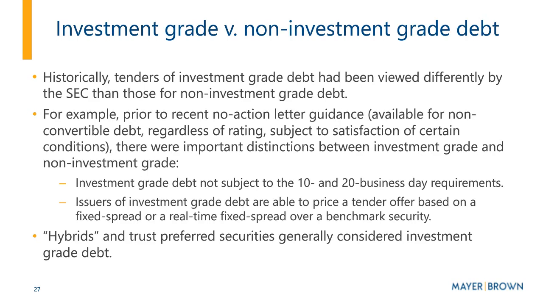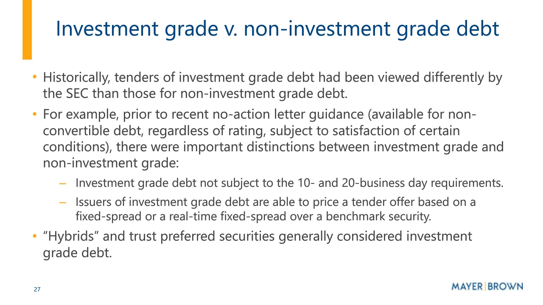We're going to talk about investment-grade versus non-investment-grade debt. Historically, tenders of investment-grade debt have been viewed differently by the SEC than those for non-investment-grade debt. For example, prior to recent no-action letter guidance, there were important distinctions between investment-grade and non-investment-grade. Based on no-action letters from more than 30 years ago, investment-grade debt tender offers were not subject to the 10 and 20 business day requirement, but could be done on a more accelerated time schedule.